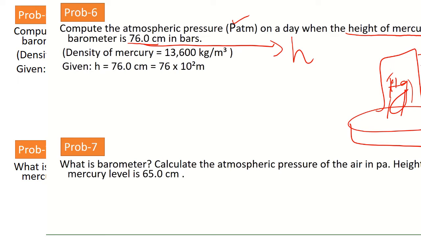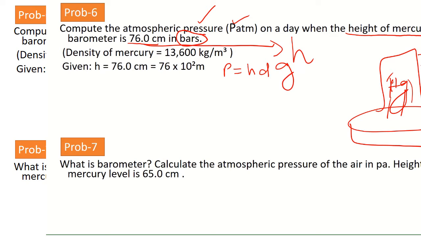So in bars means this pressure value you have to find in the unit of bars. Now in this problem, the readings are coming from the barometer. So the formula for the pressure according to the barometer is P equal to H D G.